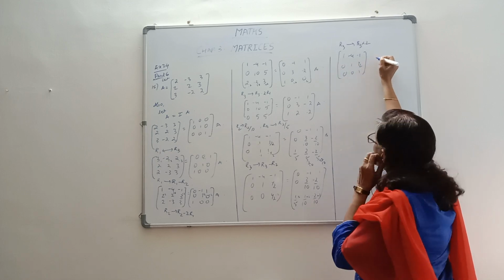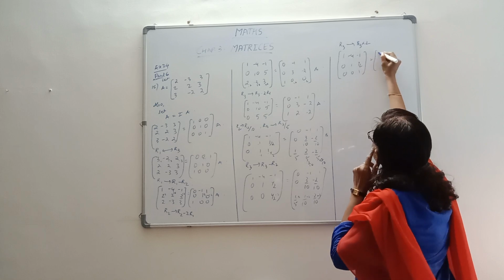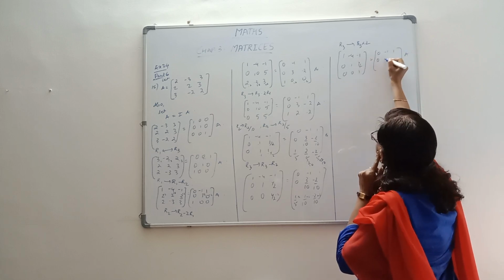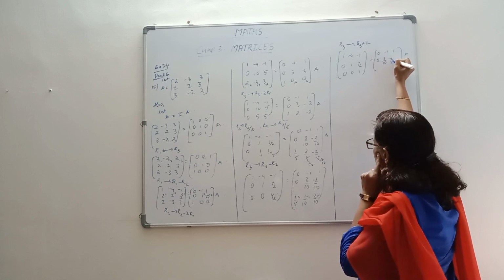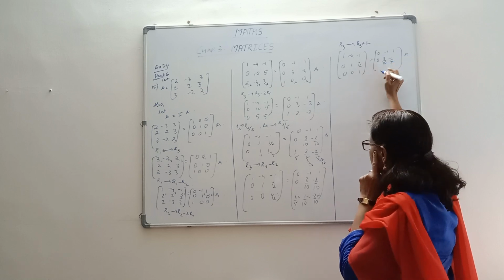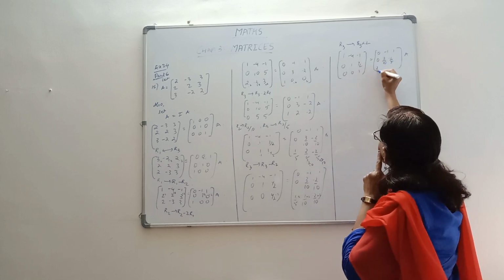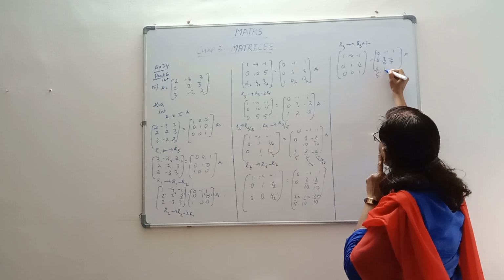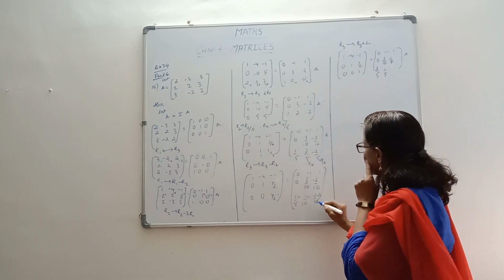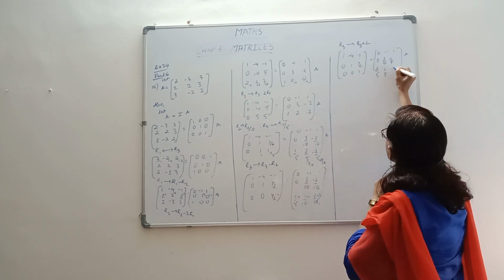And here it is 0 minus 1, 1, then 0, 3 by 10. We can call this minus 1 by 5. And this is 2 by 5. This is 1 by 5 because it is 2 by 10. Then this is minus 2 by 5.